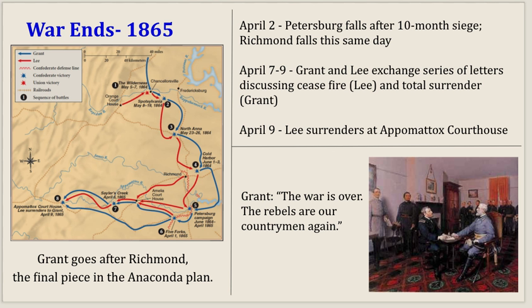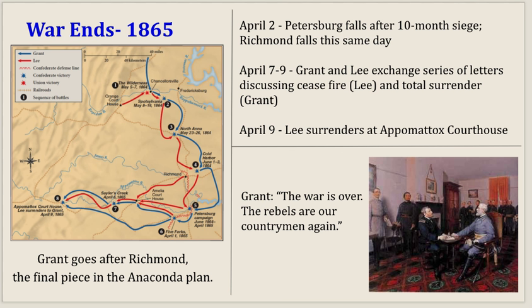And when Petersburg and Richmond fall, Lee sends word to Jefferson Davis, I can't hold this land. You need to get out of here. So the government, Jefferson Davis flees. Starting around April 7th, Grant and Lee exchange a series of letters. Grant is asking for surrender, telling Lee your situation looks hopeless.